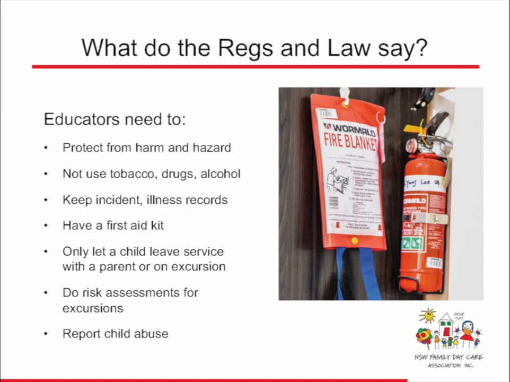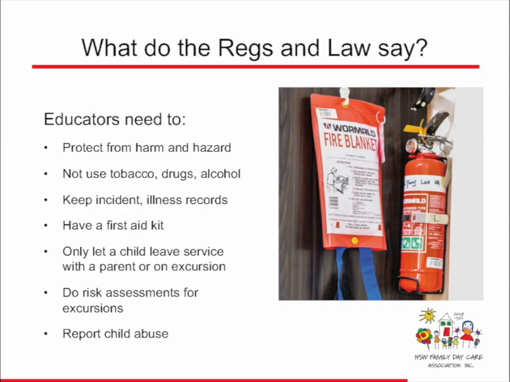Regulation 82. You also can't drink or have drugs that make it hard for you to care for children, and that's in Regulation 83. Keep a record of any incident, injury, trauma and illness that happens, as stated in Regulation 87, and keep a first aid kit that is easy to recognise and easy to access.